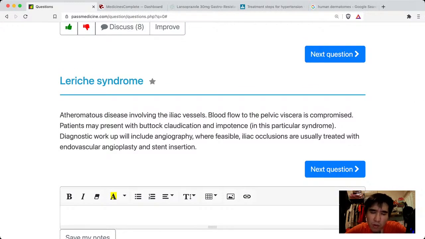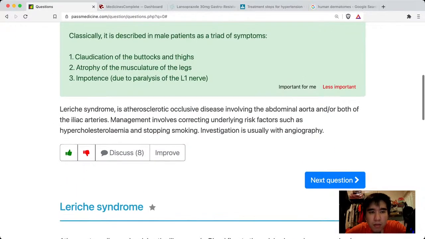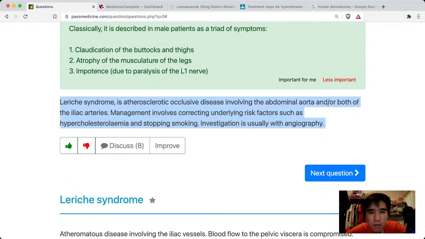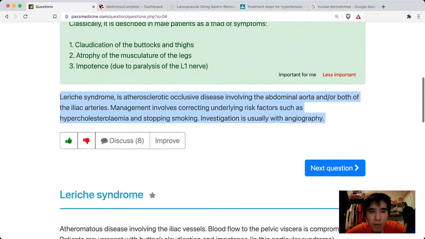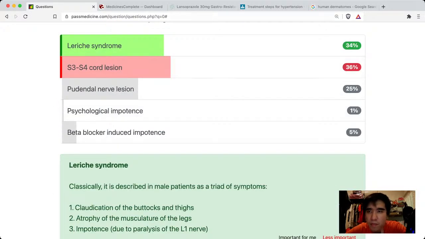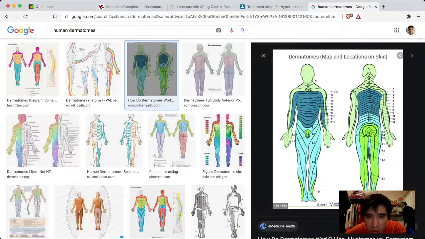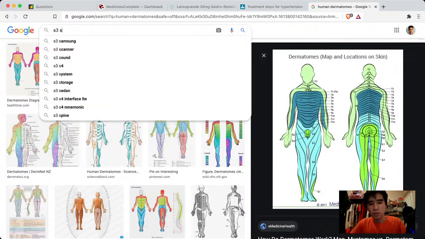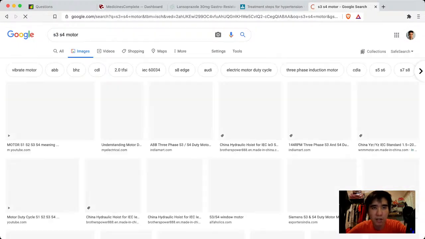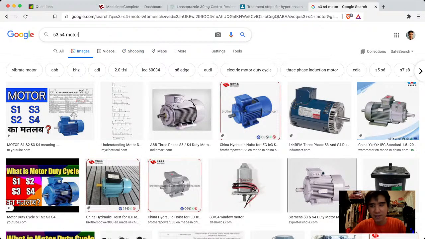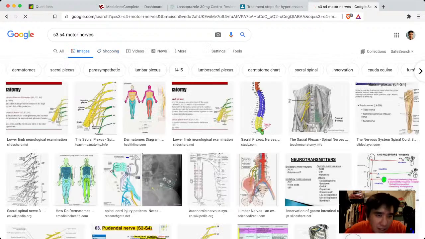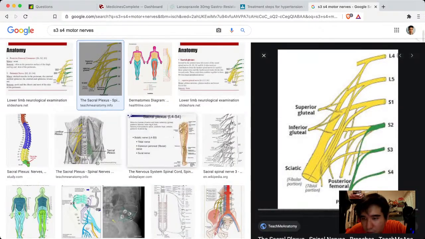A nerve problem would also cause atrophy due to disuse, but probably not S3, S4. S3, S4 motor. Nerves.